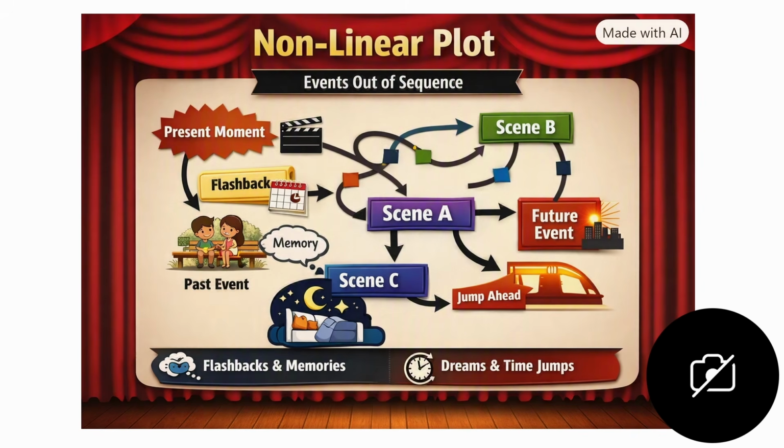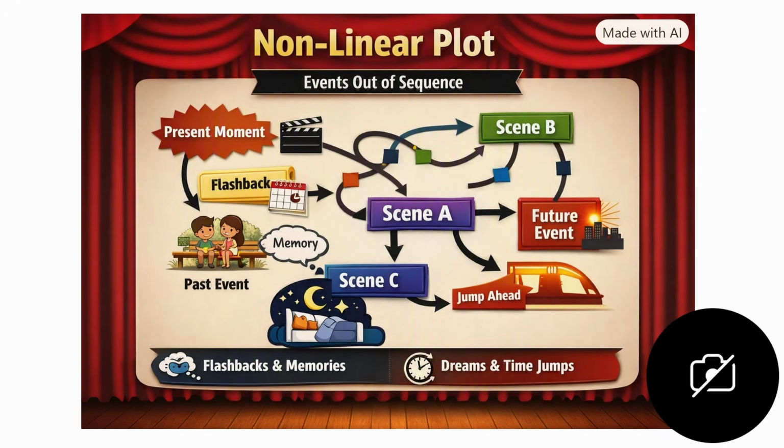You see the arrows from the flashback to scene A to scene B, and there's no specific order. There's a jump ahead to a future event, and then there's a flashback, there's a present moment. So if you take a look at the illustration there, with the linear one, the direction is just one direction.